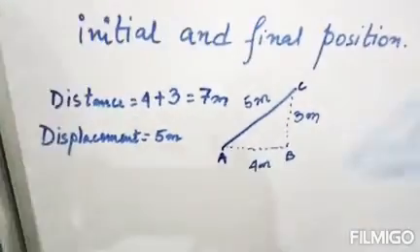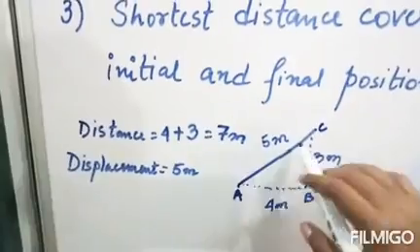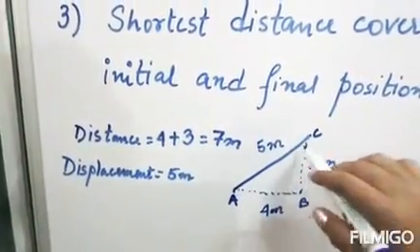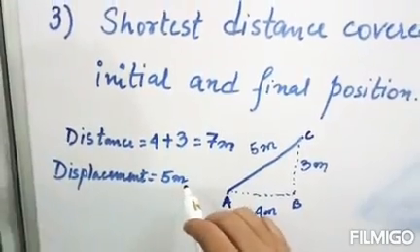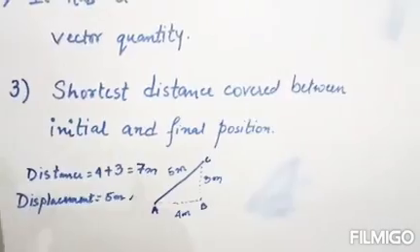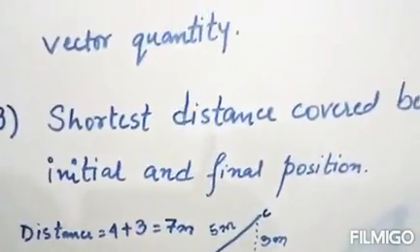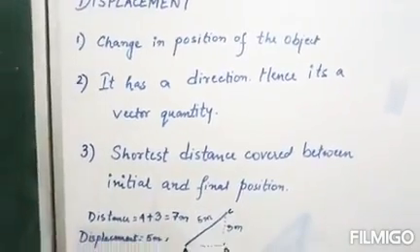As you see, this is the shortest distance between A and C. If I go by this way, it will take 7 meters. Compared to that, this is the shortest. So displacement is the shortest distance covered between final and initial position. Secondly, it will have a direction. Please note down.